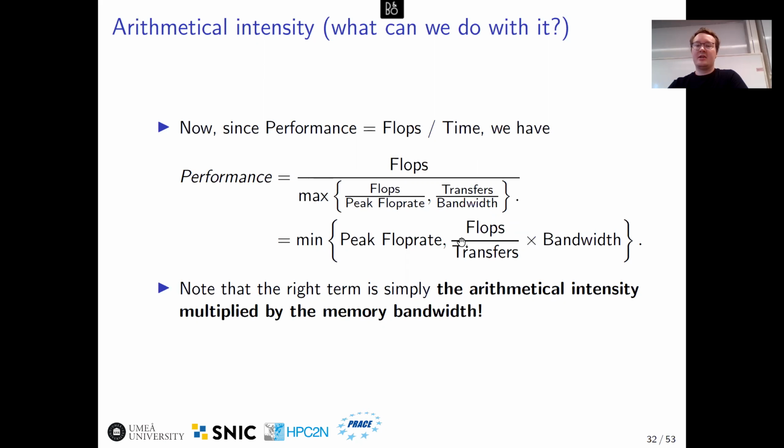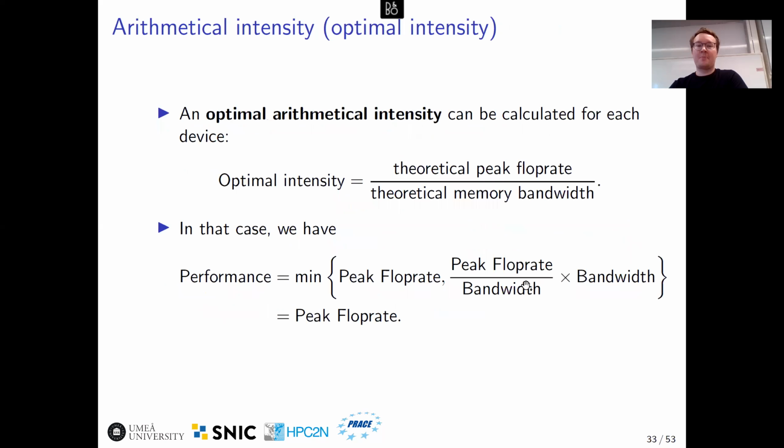And as you can see, this is the arithmetical intensity. So in order to get the estimated performance, you take the minimum of the peak flop rate and the arithmetical intensity times the bandwidth of the device. A very simple formula that you can use to estimate the performance.